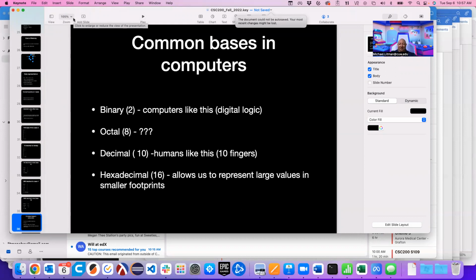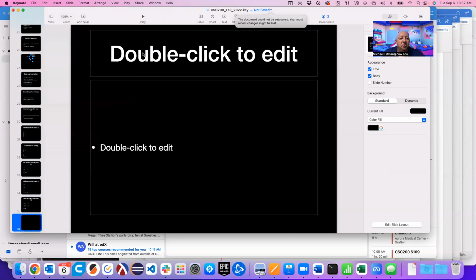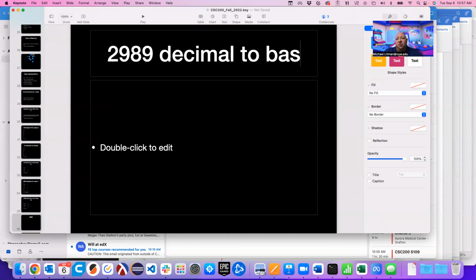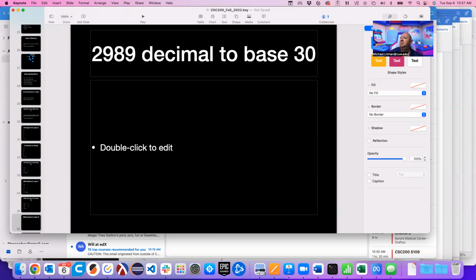So I should be able to tell you right now to take 2989 from decimal to base 30, and you should be able to do it. So take 2 minutes and convert this. Remember that 10 is always A, 11 is always B, and so on. And your possible remainders are 0 to 29.